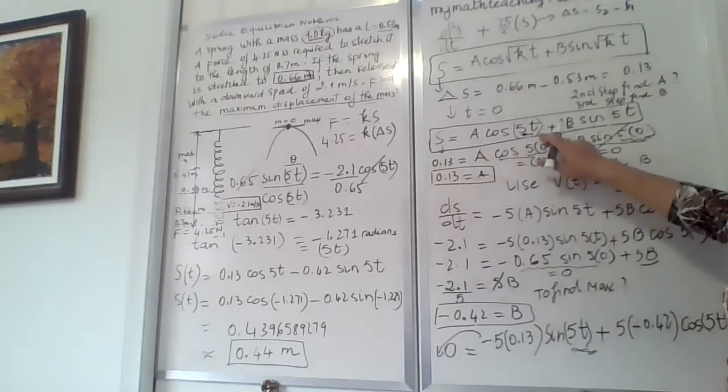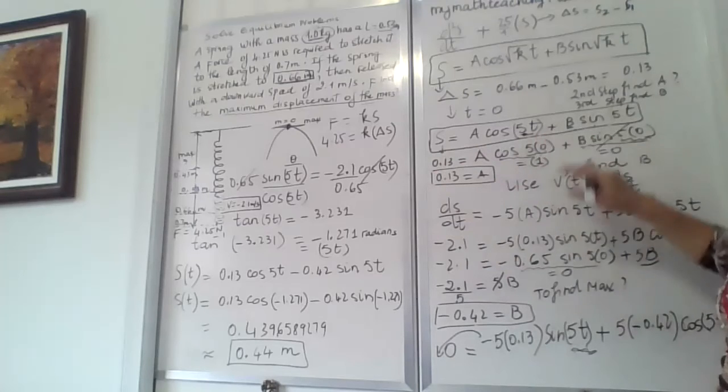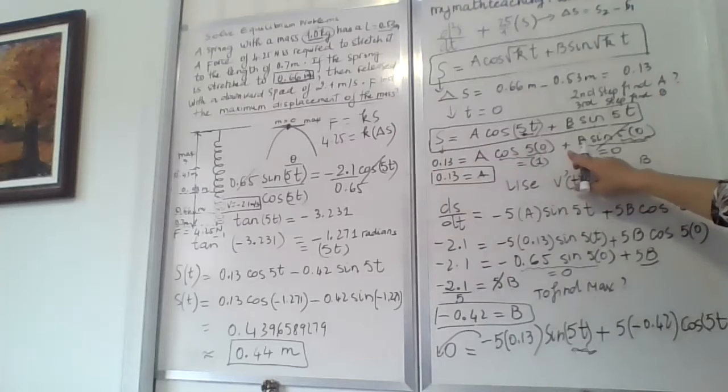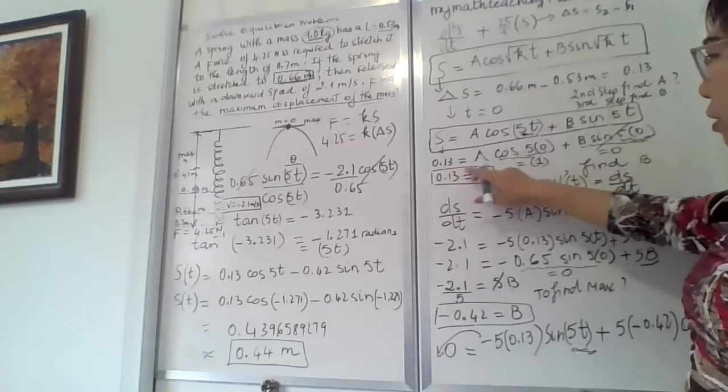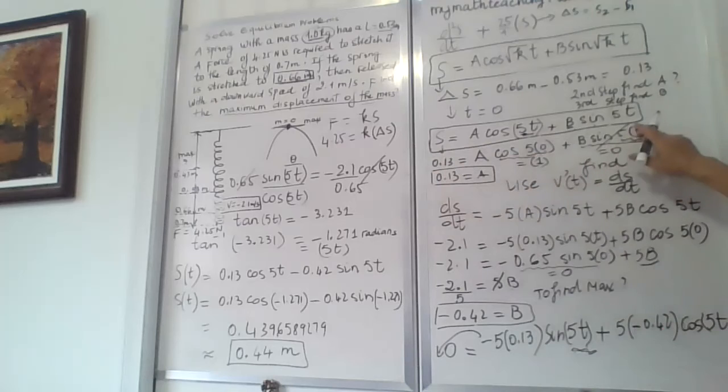The reason is that at the time when we release the spring, the time equals 0. So after we substitute, we find A equals 0.13.